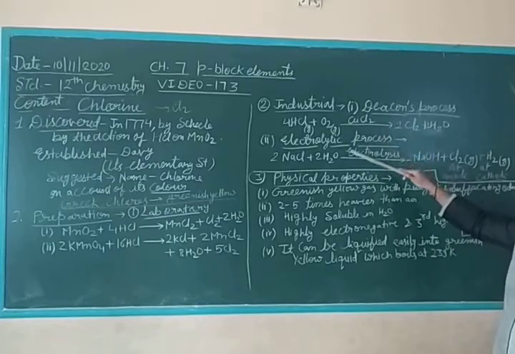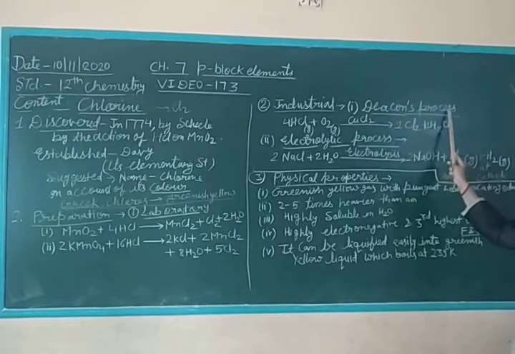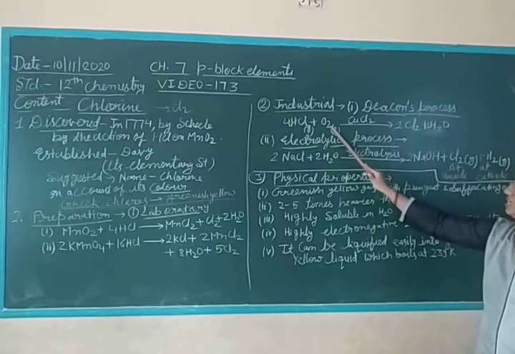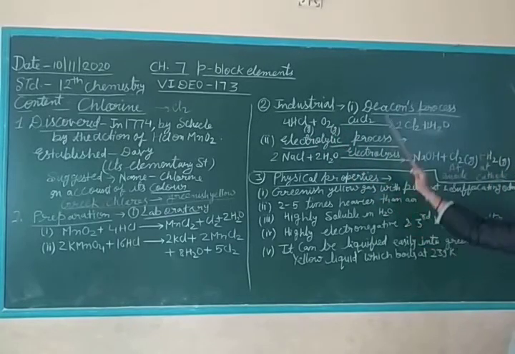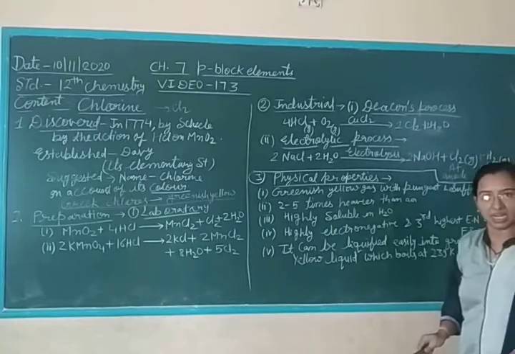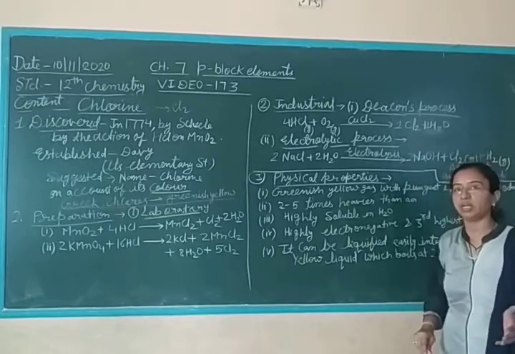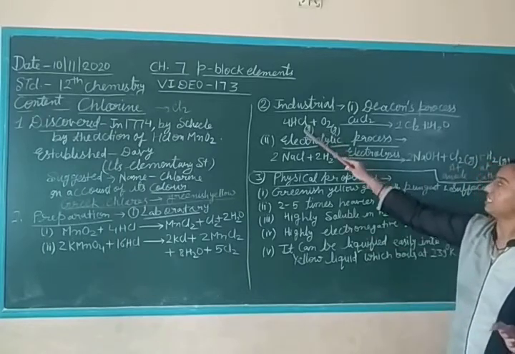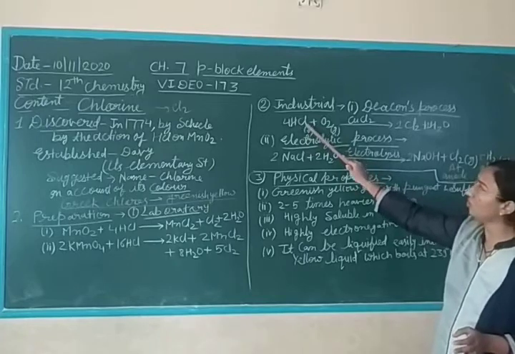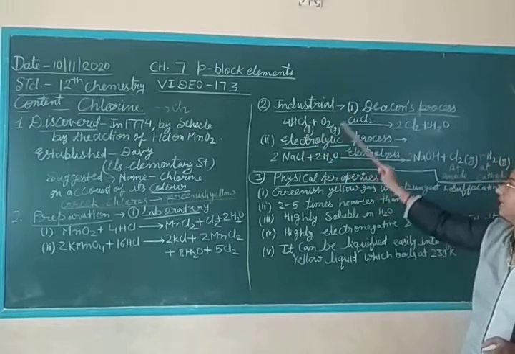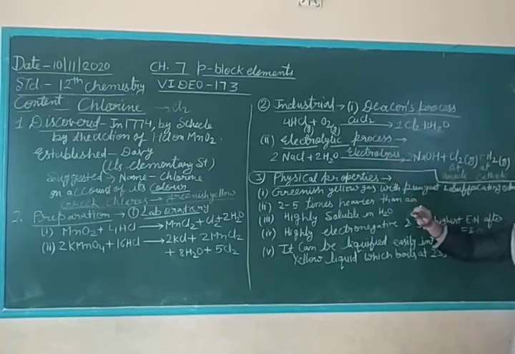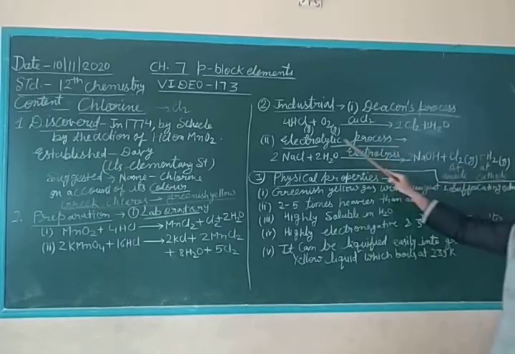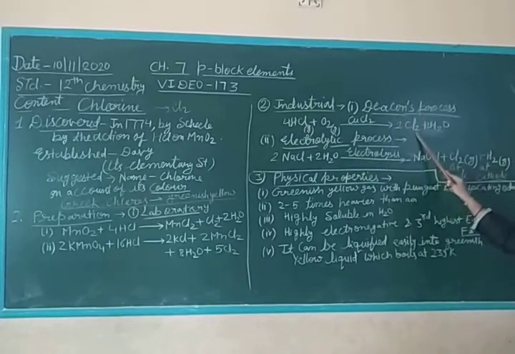There are two industrial methods. The first is Deacon's process and the second is the electrolytic process. In Deacon's process, HCl gas reacts with oxygen gas in the presence of a CuCl2 catalyst, copper chloride catalyst, and is converted into chlorine gas and water.